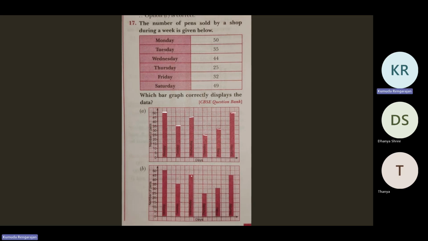Here, what's the mistake? This is 45, no? And this one is 49, but it's not 49 here.